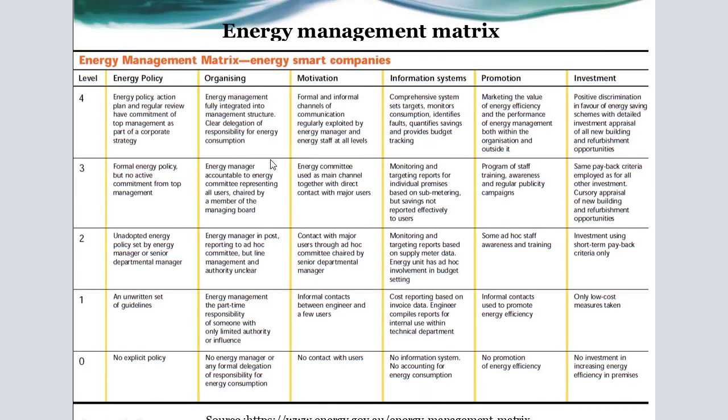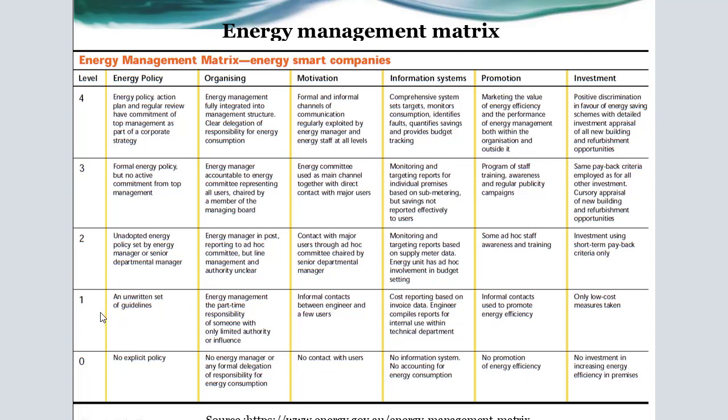Now we will explain in detail this sample of the energy management matrix, energy smart companies. As we see, we are starting from level 0, 1, 2, 3, 4. The columns represent the energy policy, organizing, motivation, information system, promotion, and investment. For level 0: no explicit policy, no energy manager, or any formal delegation of responsibility for energy consumption, no contract with the users, no information system, no promotion of energy efficiency, no investment, and so on.